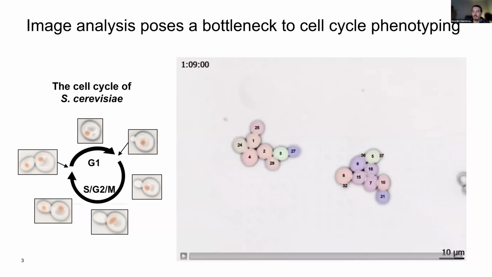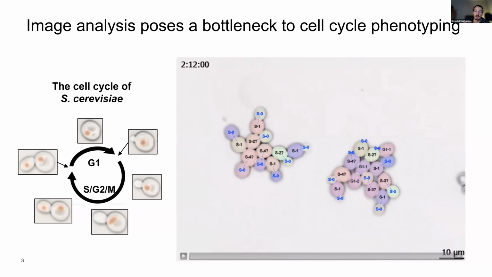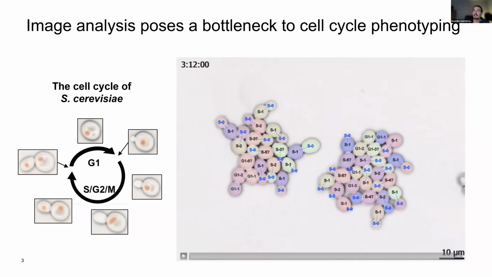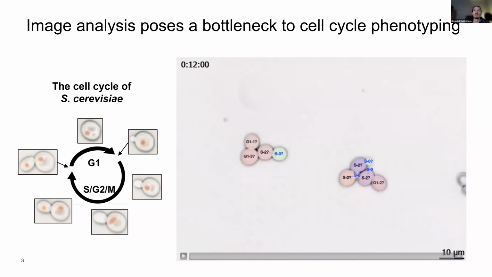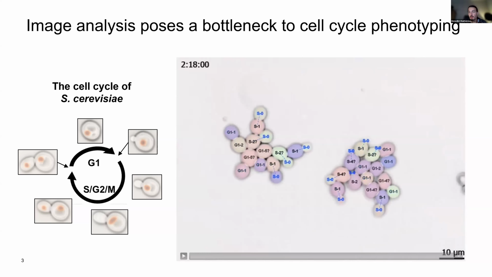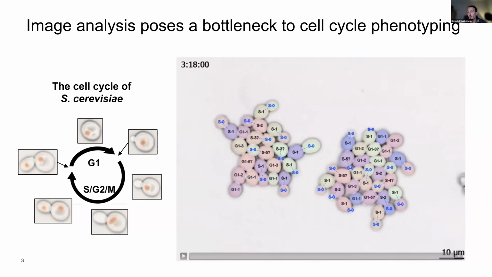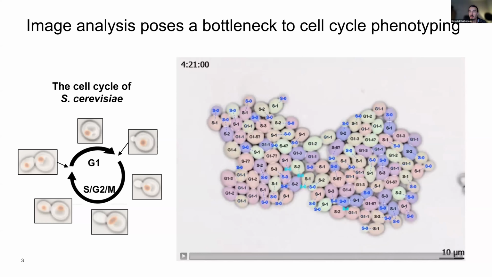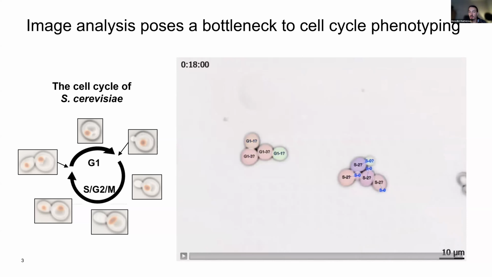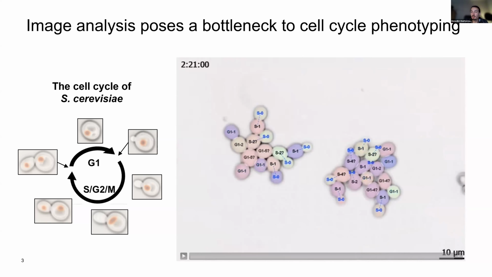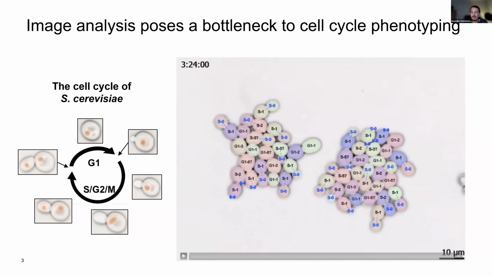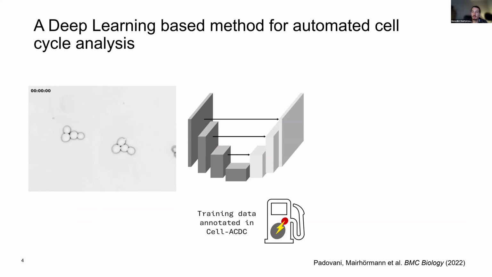But also, which is very important to us, we need to annotate when the cells are transitioning through the cell cycle stages. So we want to pair mother and daughter cells, and as soon as they divide, we also want this precise moment of division annotated in our videos. There was no real good end-to-end method, and that's why I was hired in the first place, to develop such a method.